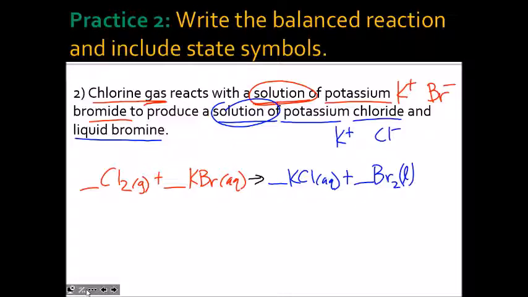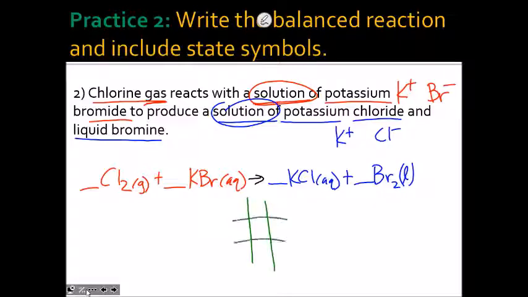Now, just by scanning it over, does this one look balanced? No. Which ones are out of balance? Chlorine and bromine. Very good. So we needed to balance.